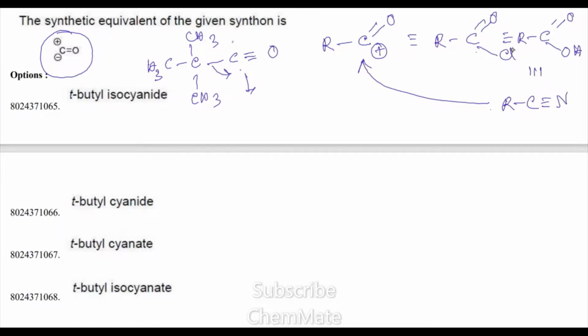Let's say this is plus, so if it is removed, then a minus charge can be easily generated by using this tertiary butyl group as R. So we may get this from this. We can say in another way that the alkyl cyanide, when R is a tertiary butyl group, that means tertiary butyl cyanide, can be used as the synthetic equivalent of this.